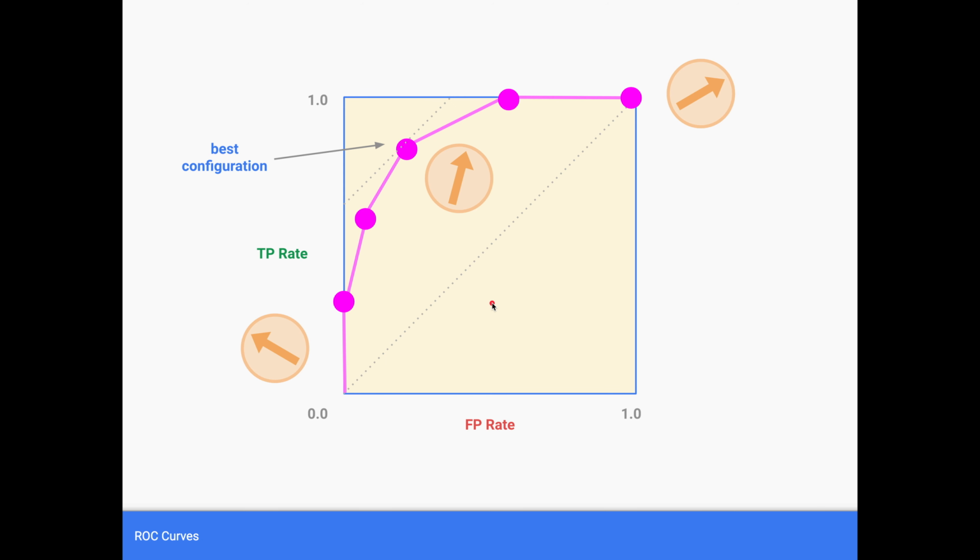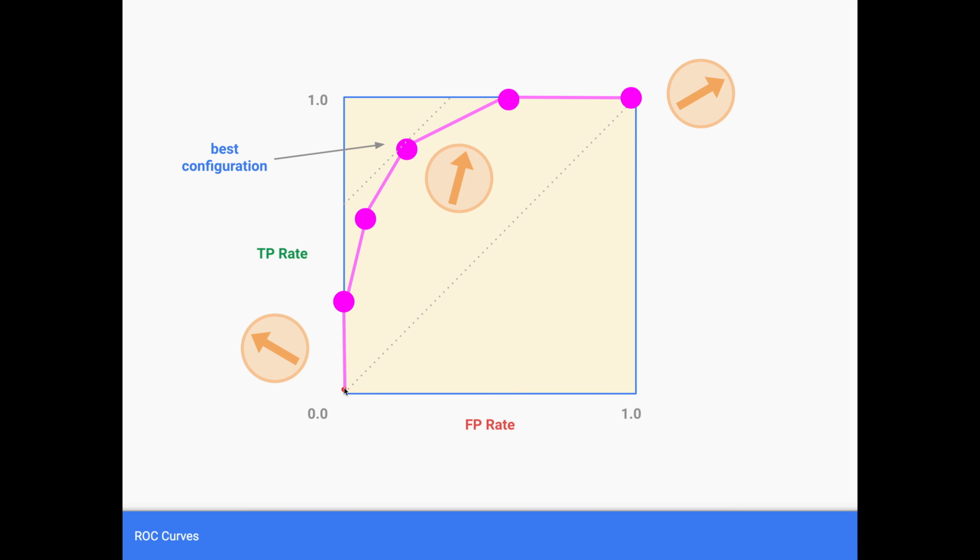Now, if we work out those confusion matrices for every configuration of that tunable parameter, we can plot the true positive rates and the false positive rates in this ROC space. And we can connect those dots and we have a ROC curve.